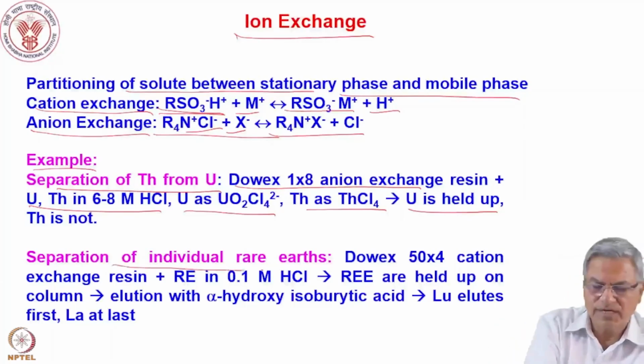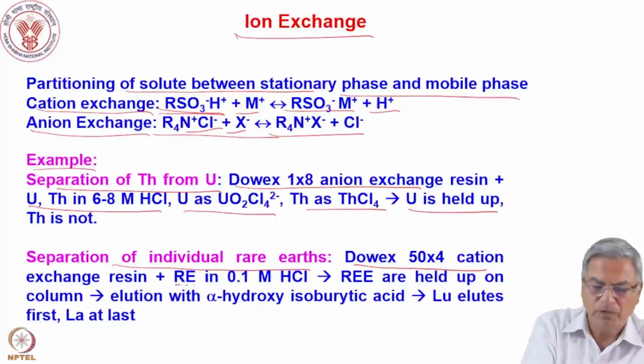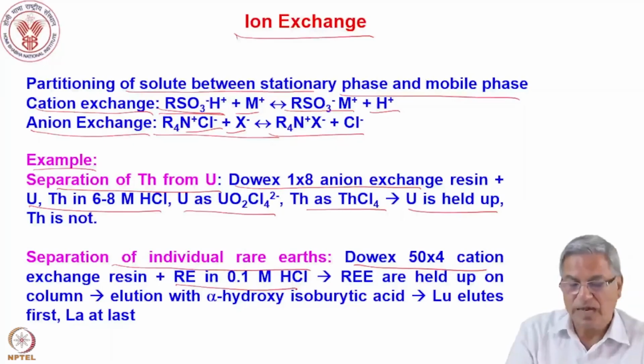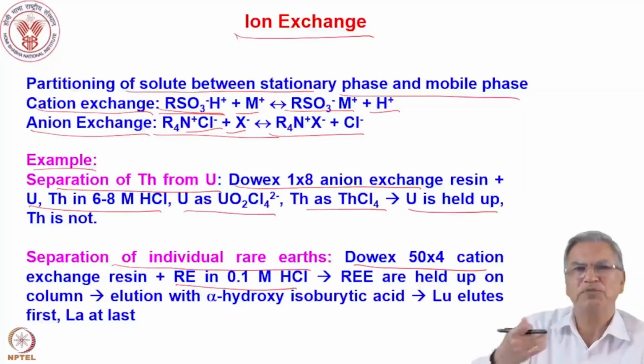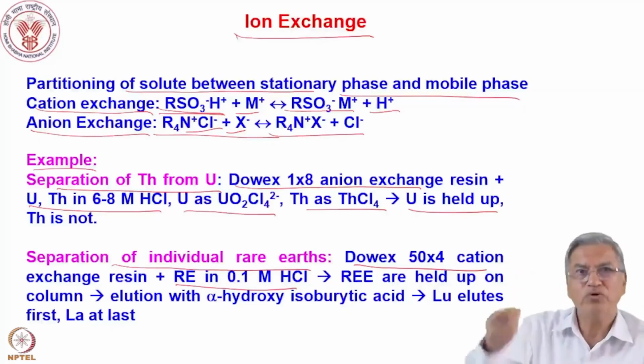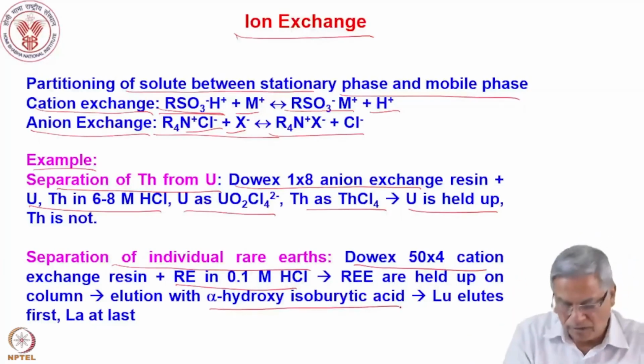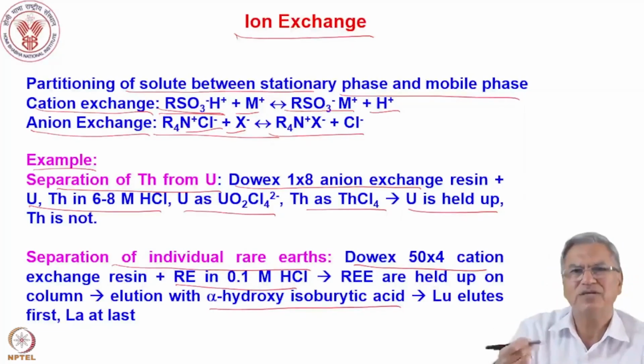Similarly, the individual rare earths can be separated using a Dowex 50 cation exchange resin. You take all of them in 0.1 molar HCl, so dilute acid. Since H plus is not competing, all the rare earths will be held up in the column. And now you want to elute them individually. There is a beautiful reagent called alpha hydroxy isobutyric acid, which will complex these different rare earths.